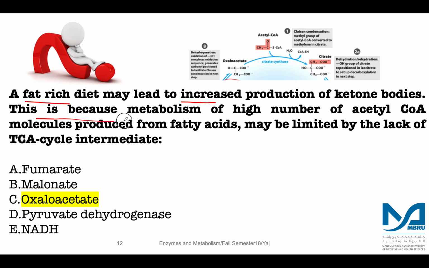This is because metabolism of a high number of acetyl coenzyme A molecules produced from fatty acids may be limited by the lack of a TCA cycle intermediate, and you need to identify the intermediate. The answer is oxaloacetate, because oxaloacetate combines with acetyl coenzyme A, leading to the formation of citrate, which is the first step of the citric acid cycle.